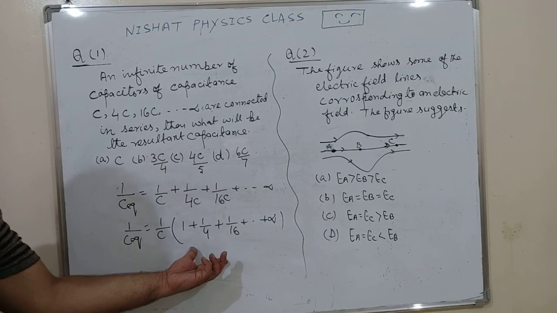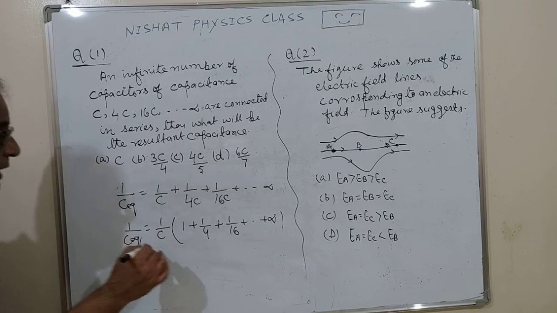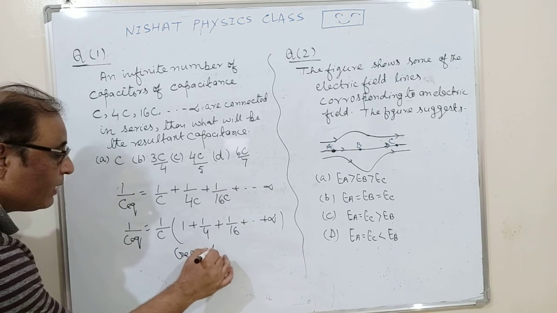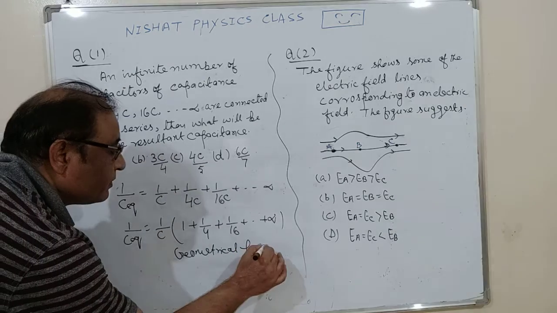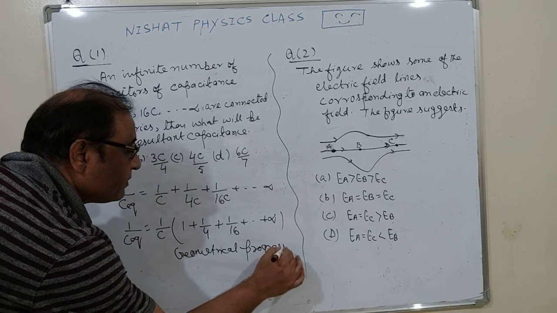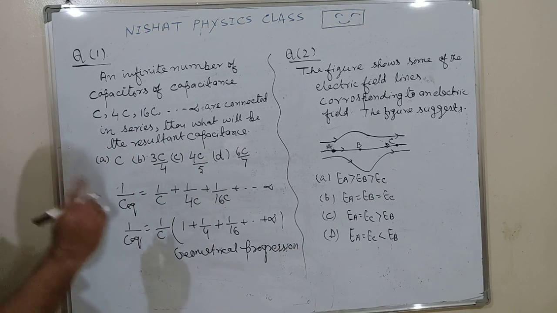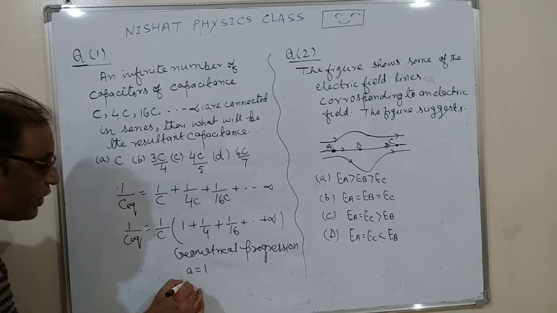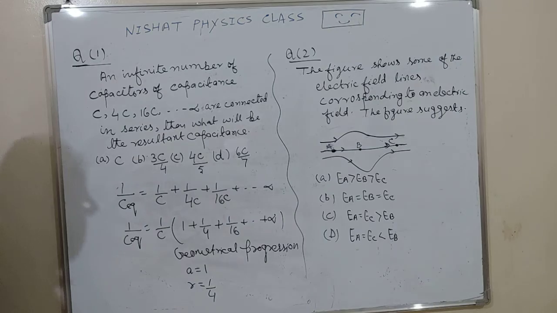Students, see this. It is a geometrical series, a geometrical progression, whose first term is A equal to 1, and the common ratio is 1 by 4.